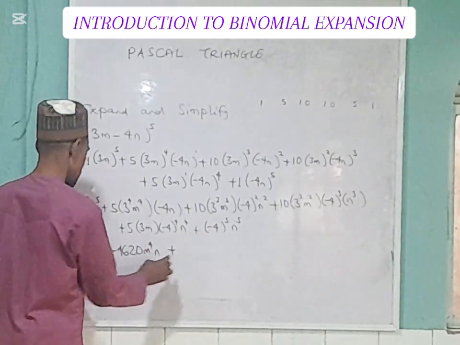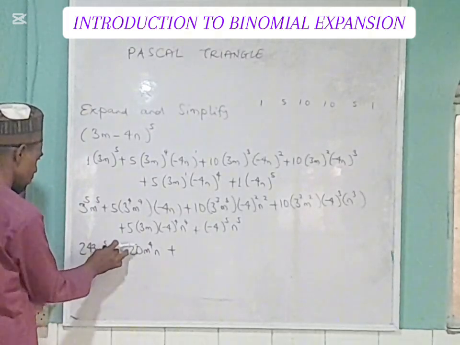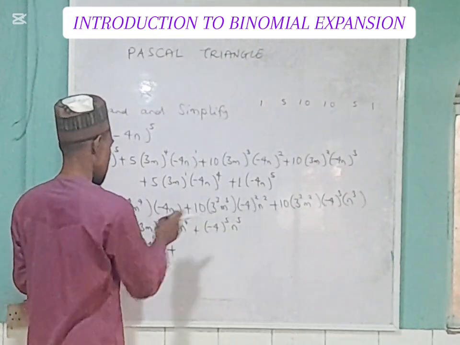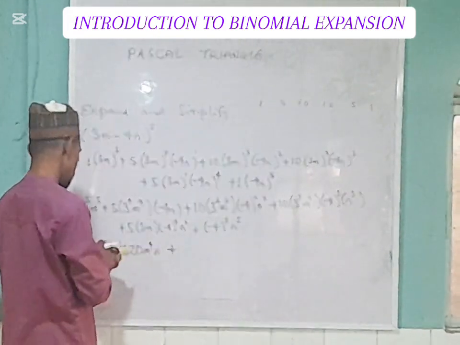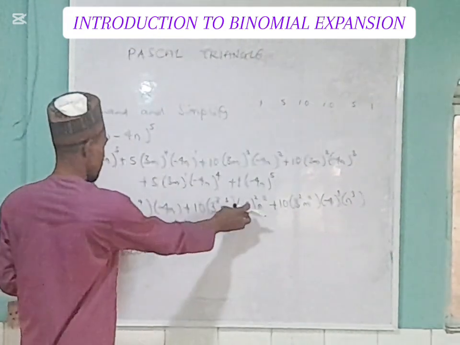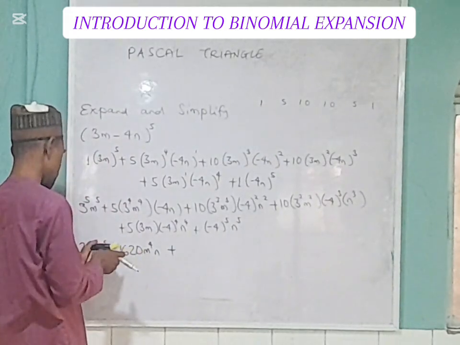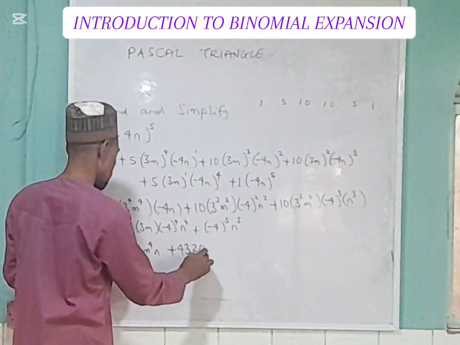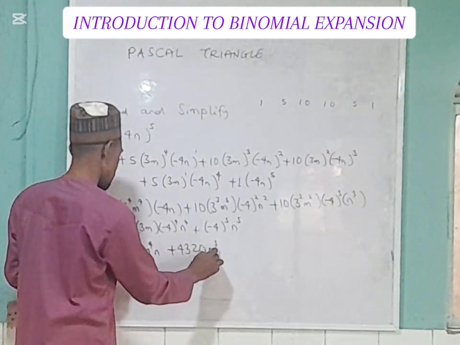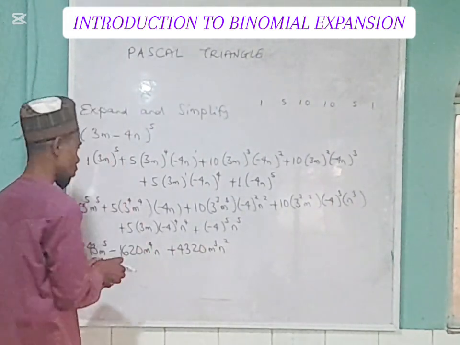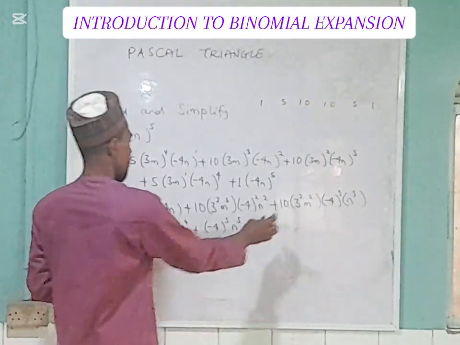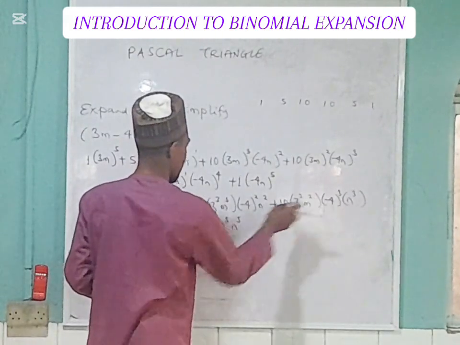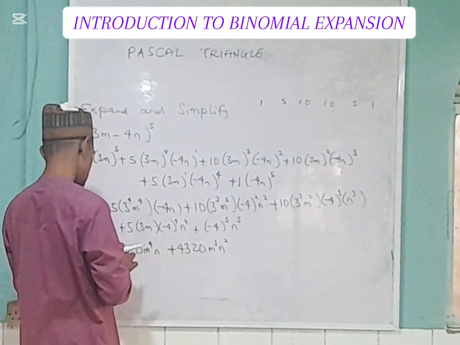Then here we have the 10 by the power of 3, which is 27, that's 270, by 4 squared which is 16, that's 4320, m cubed, n squared. Then you have 9 here. 9 by 10 is 90 by minus 64.